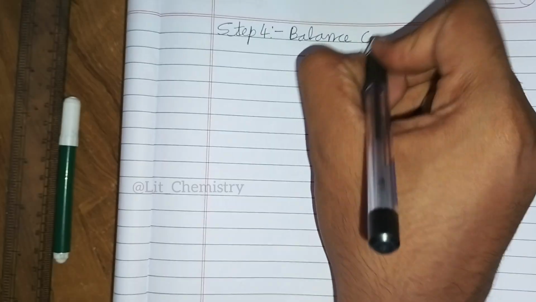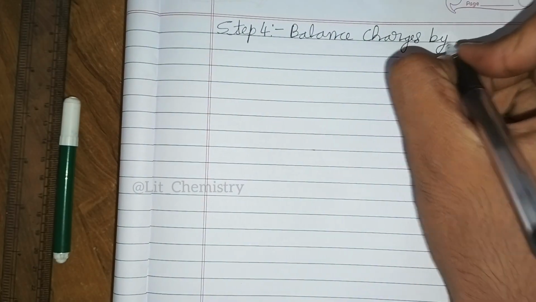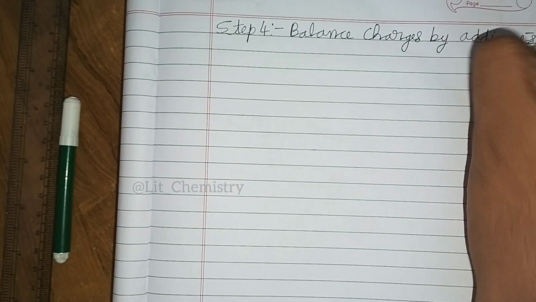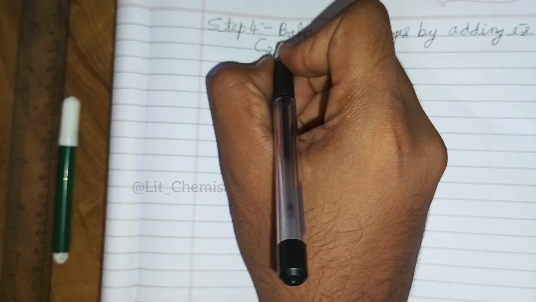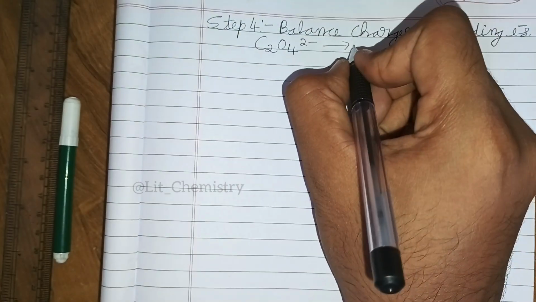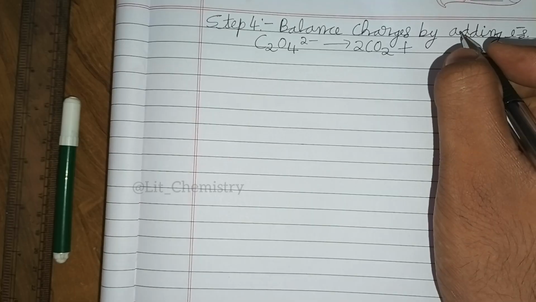Now we have step 4, that is balance charges by adding electrons. We will write the same thing. C2O4 2 minus gives rise to 2CO2, and how many electrons were lost?